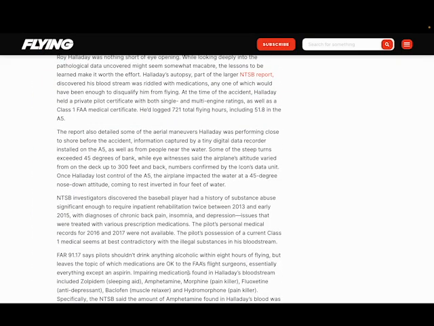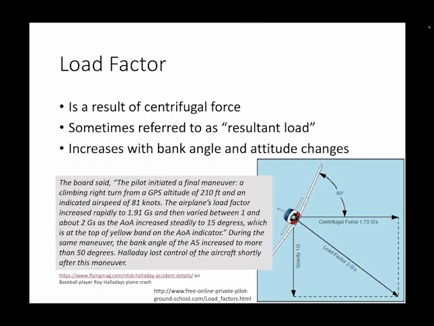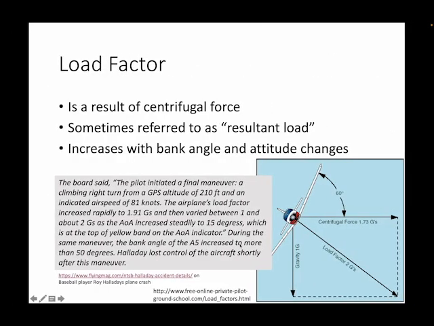He lost control of the plane, and the plane crashed because the load factor increased to twice regular gravity. And so the angle of attack increased to 15 degrees.